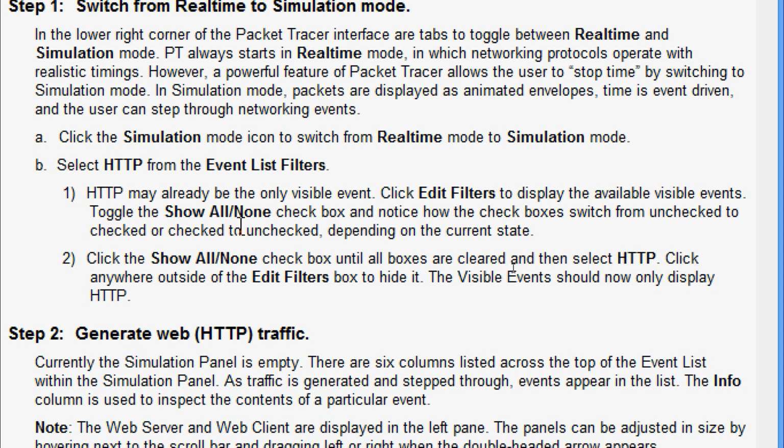Toggle the Show All/None checkbox and notice how the checkboxes switch from unchecked to checked or checked to unchecked depending on the current state. Click the Show All/None checkbox until all boxes are cleared, and then select HTTP. Click anywhere outside of the Edit Filters box to hide it. The visible events should now only display HTTP.